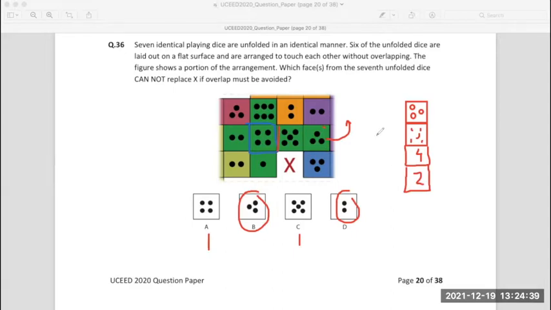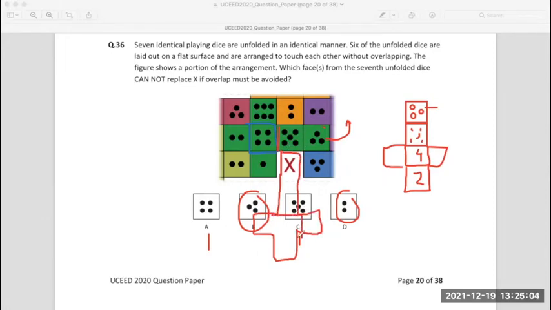Okay. So if I place them in this kind of an organization, there won't be any overlap, correct? If I place this system here, like this, one second. You see this?